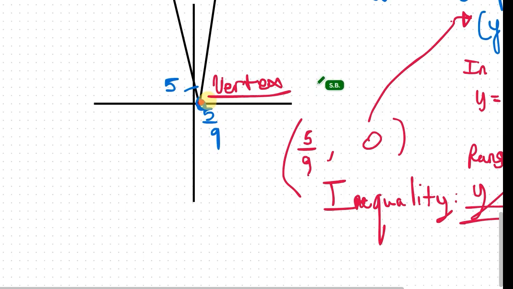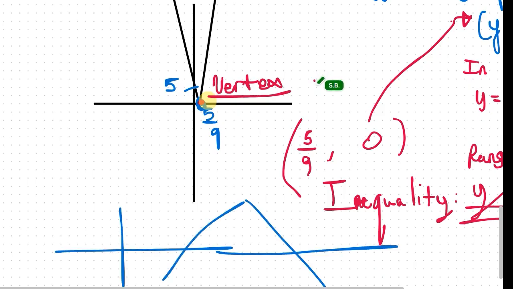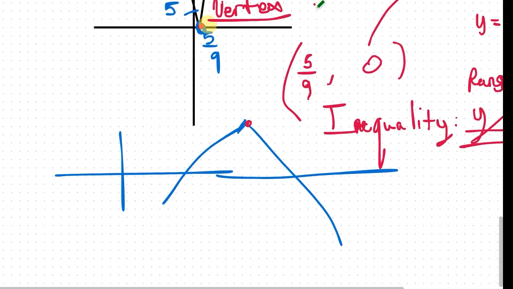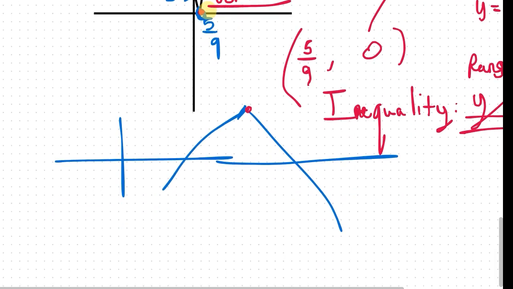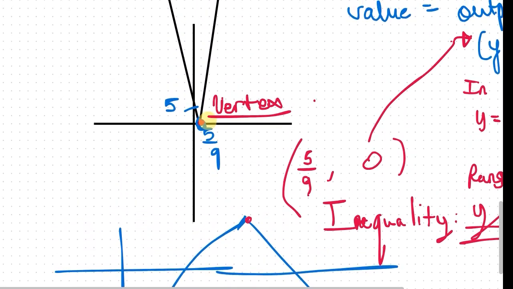Let's say the graph is something like this, an inverted V. Spot the vertex quickly. That is the vertex.